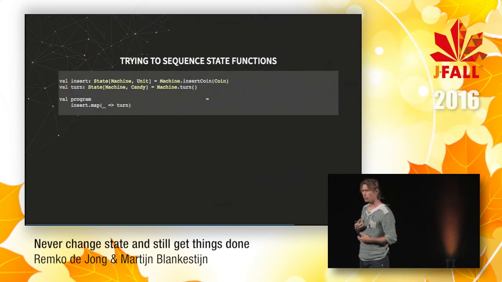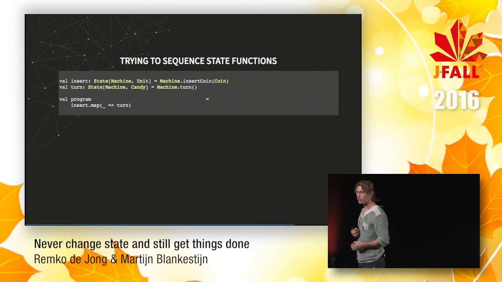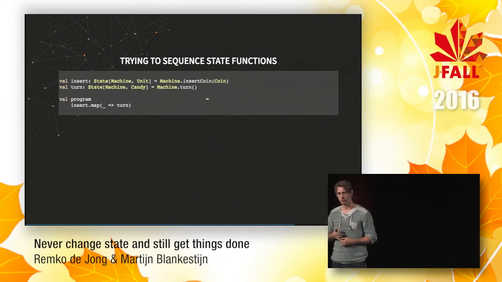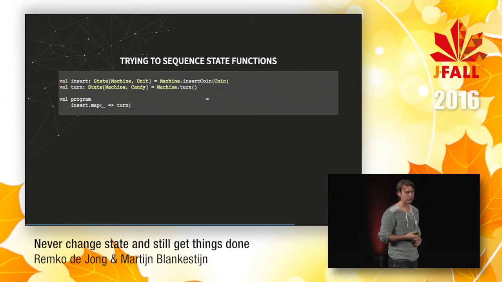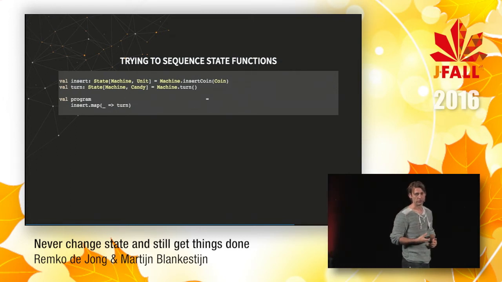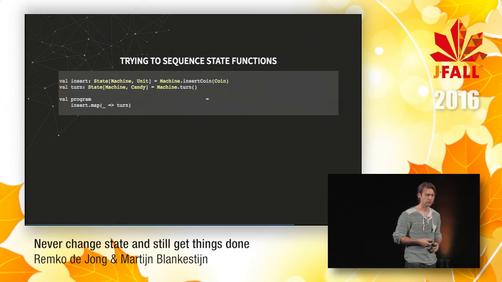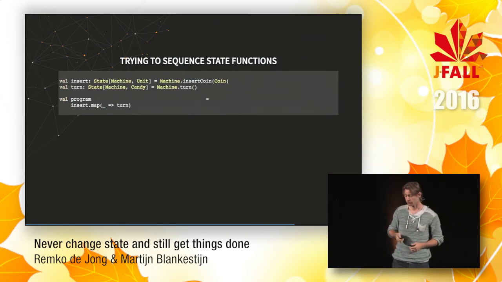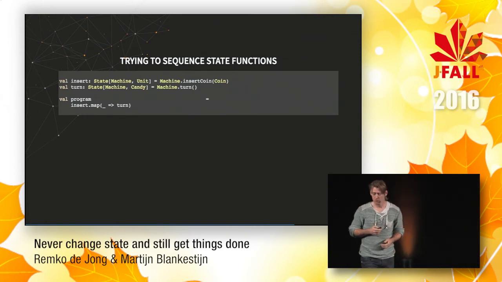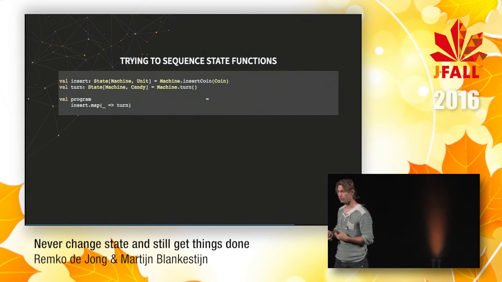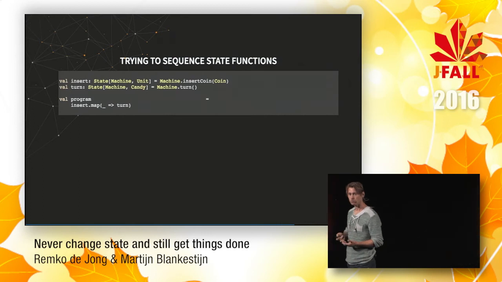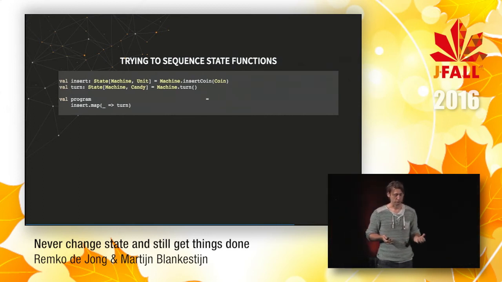So next thing that could come in handy is if we try to sequence state functions. You can imagine we have a machine. It's nice that we can insert a coin, turn a handle. Probably we want to do that more than once. So we could go ahead and try to use map to see if we can combine functions to chain different state functions.